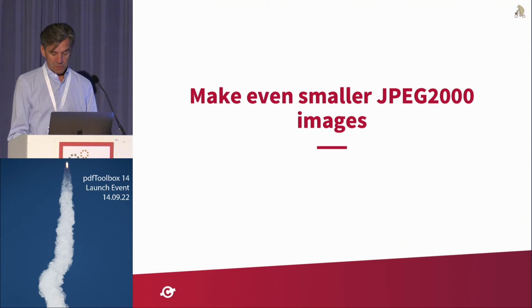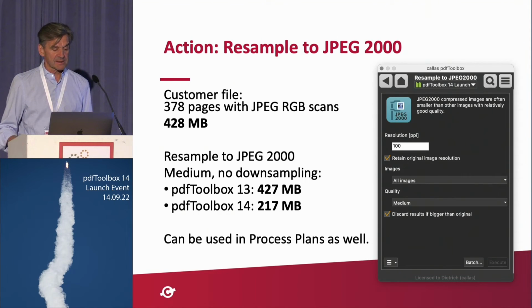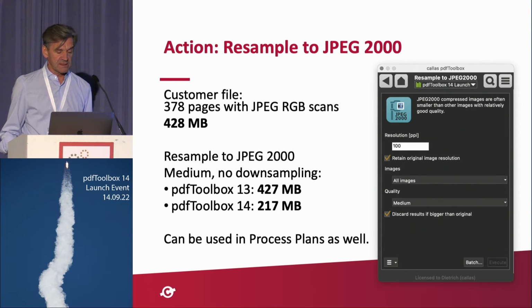So you're able to get to much smaller PDF files, and the algorithms that are used are more powerful in pdfToolbox 14. So again, nothing that you would be able to change even if you would want to.